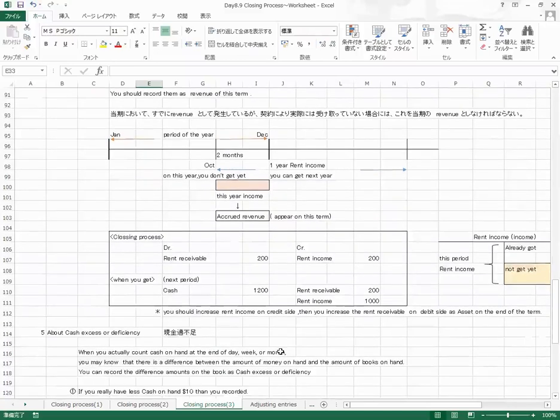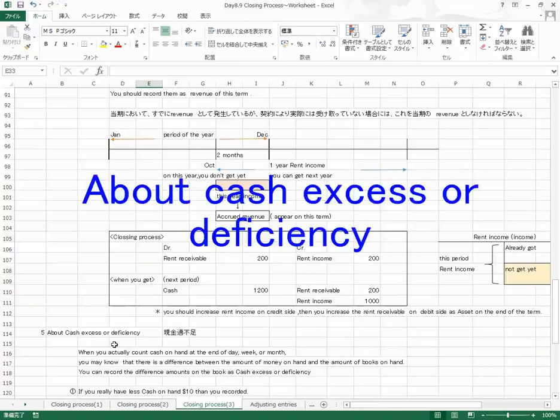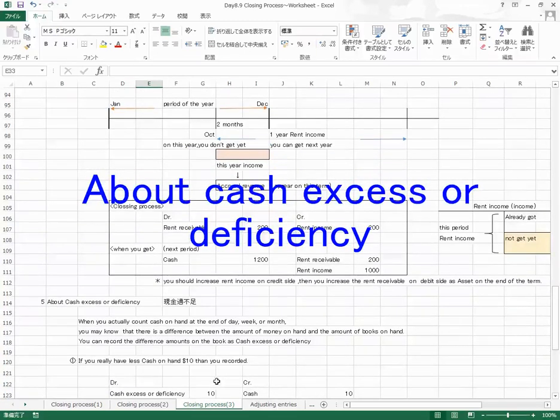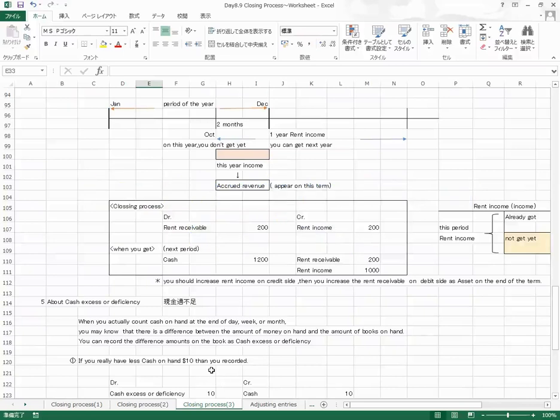はい。それで次です。About cash excess or deficiency. これ現金過不足。When you actually count cash on hand at the end of the day, week or month, you may find that there is a discrepancy between the amount of money on hand and the amount in the books.